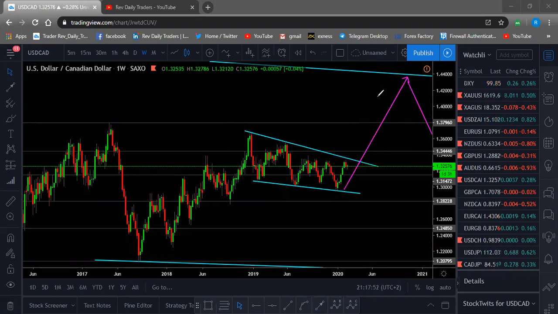On our monthly. Right, on weekly, we will take this as an impulse, then correction to go and test this part. Okay, guys?